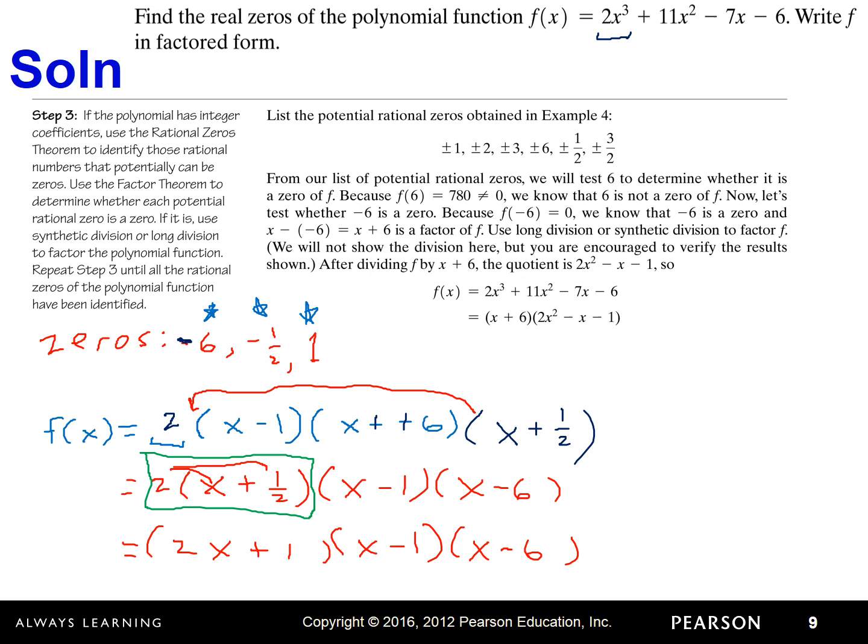And that is a way to write it without the fractions, which just looks prettier. And that is the factored form of f of x. And of course we got it by using the zeros and the factor theorem.